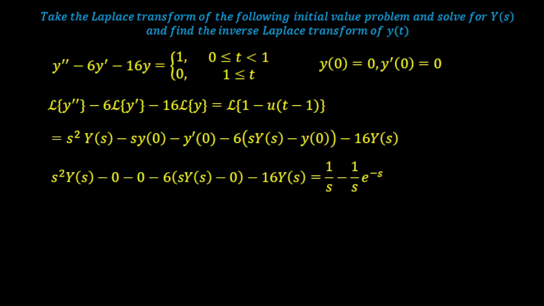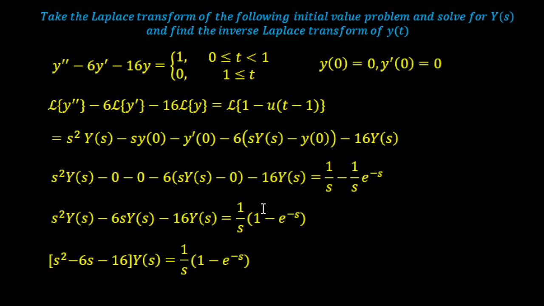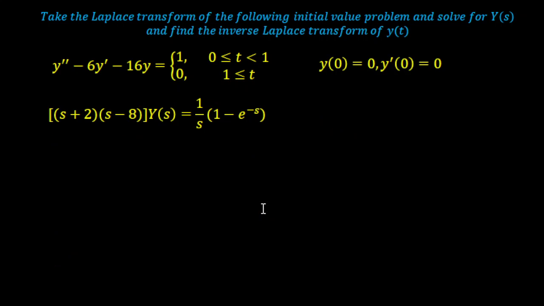Let's go back to our problem. And so that's why we have here u of t minus 1, the Laplace transform is e to the negative s over s.